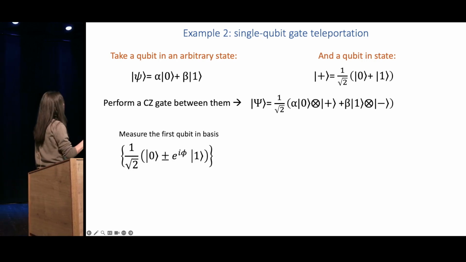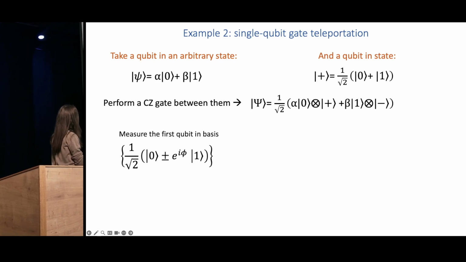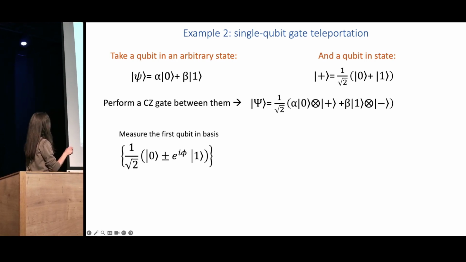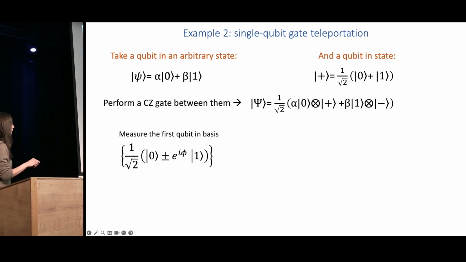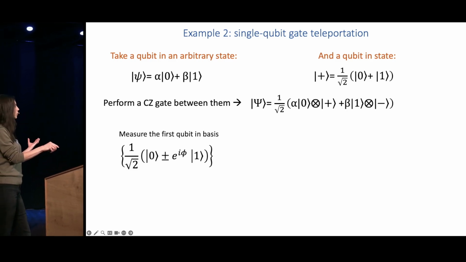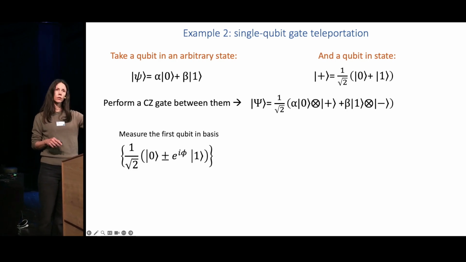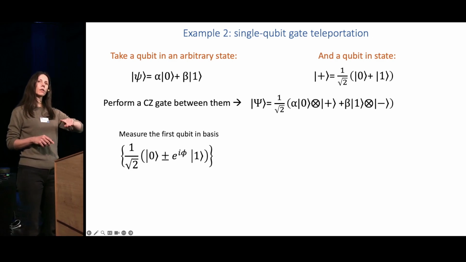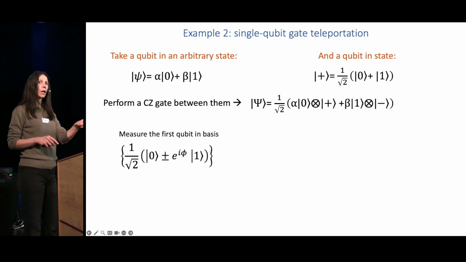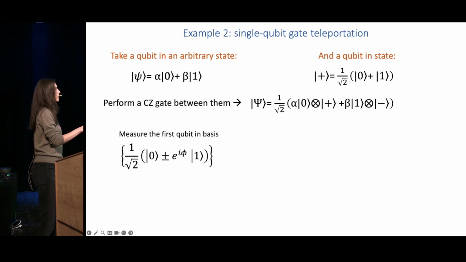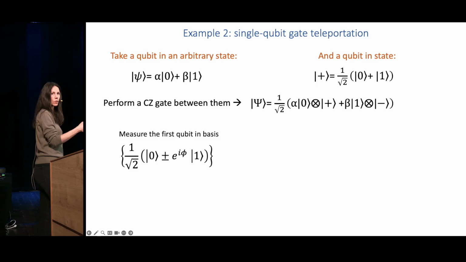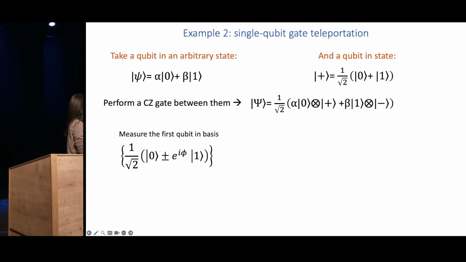Now, I'm going to measure the first qubit, meaning the one that started off in state psi, in this basis. If you think of the Bloch sphere, what is this basis? It's a basis that lives on the equator, and it rotates away from x toward y by this angle phi. So if phi is 0, this is the plus-minus basis.